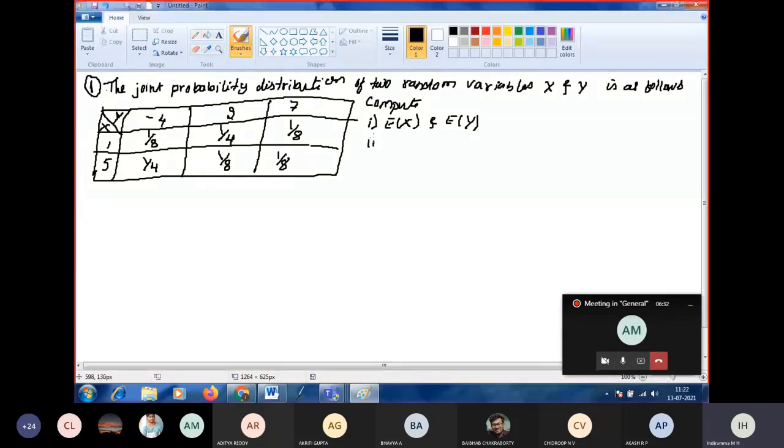Second one, expectation of xy we should find. Third one, sigma x and sigma y we should find, that is standard deviations. Fourth one, covariance of x, y we should find. Fifth one, correlation of x comma y we should find.